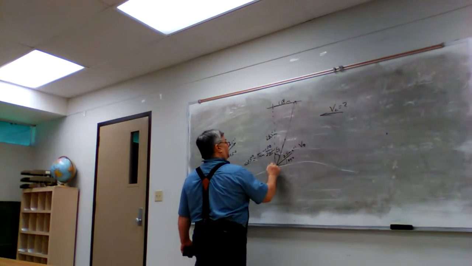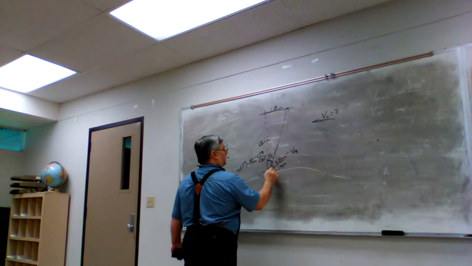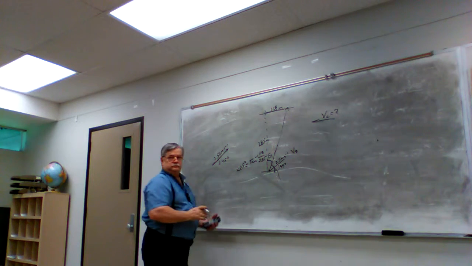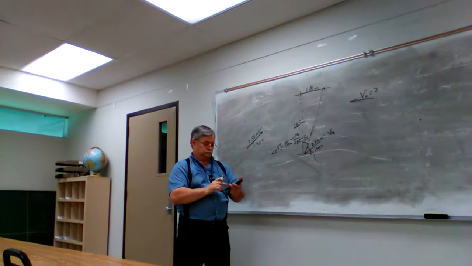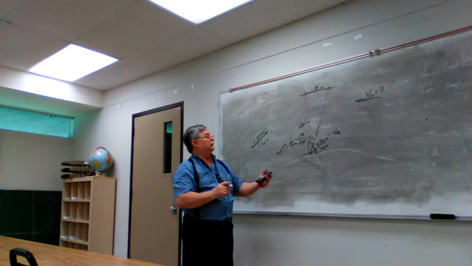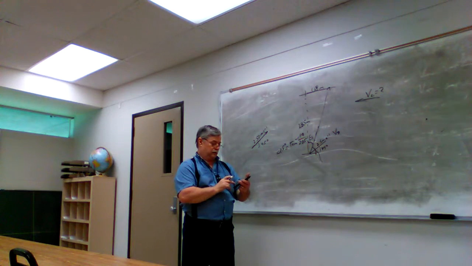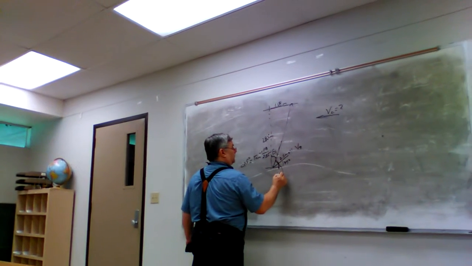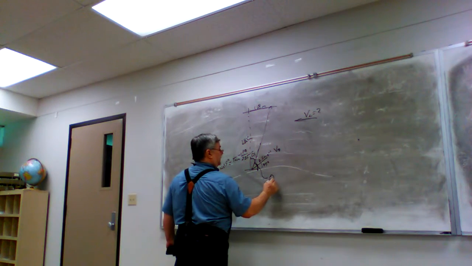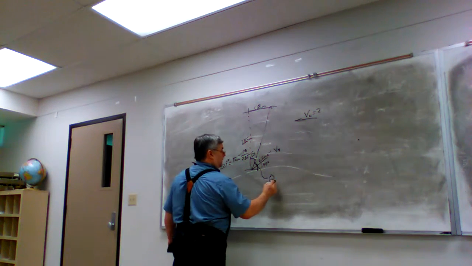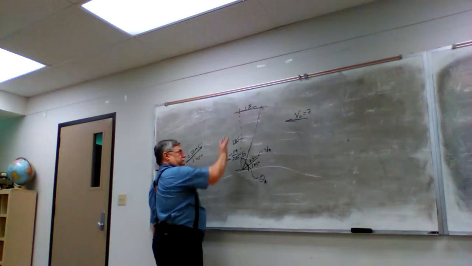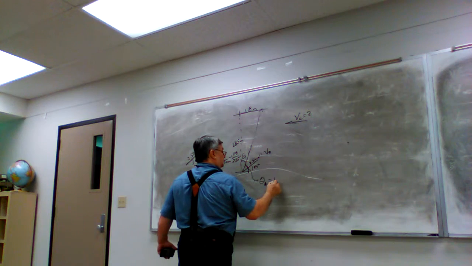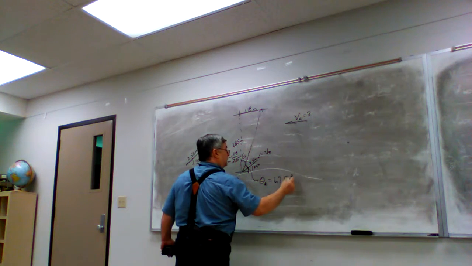And if this is 22.5, what does that mean this angle is? 90 minus 22.5. So this theta of the net angle of the trajectory of the boat is going to be 67.5 degrees.